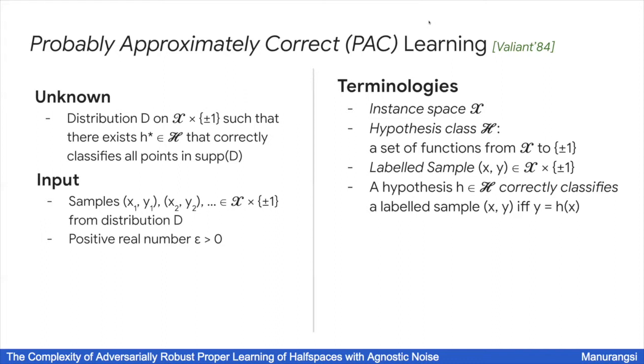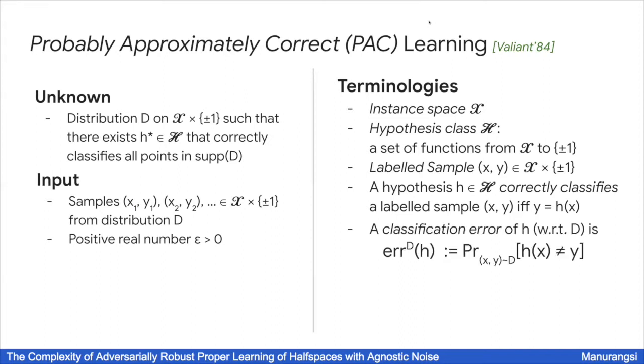What do we mean by does well? To quantify this, we also have to define the classification error of a hypothesis h with respect to the distribution D. This is simply the probability that if we draw (X, Y) from D, h will not correctly classify the labeled sample (X, Y).